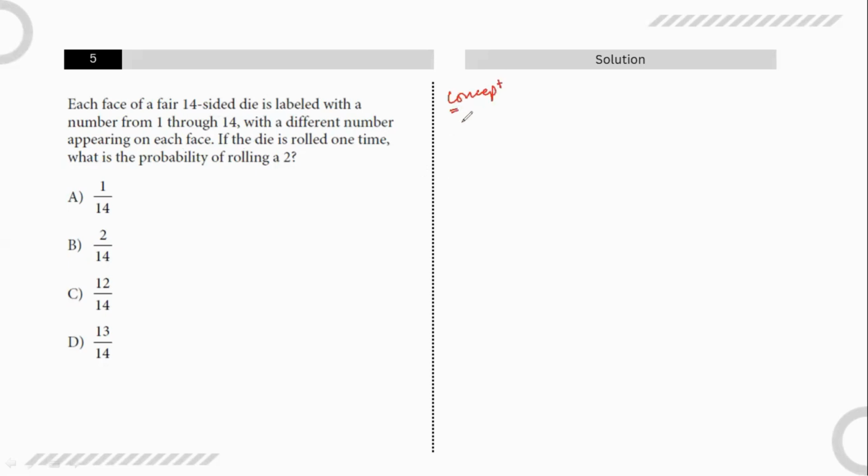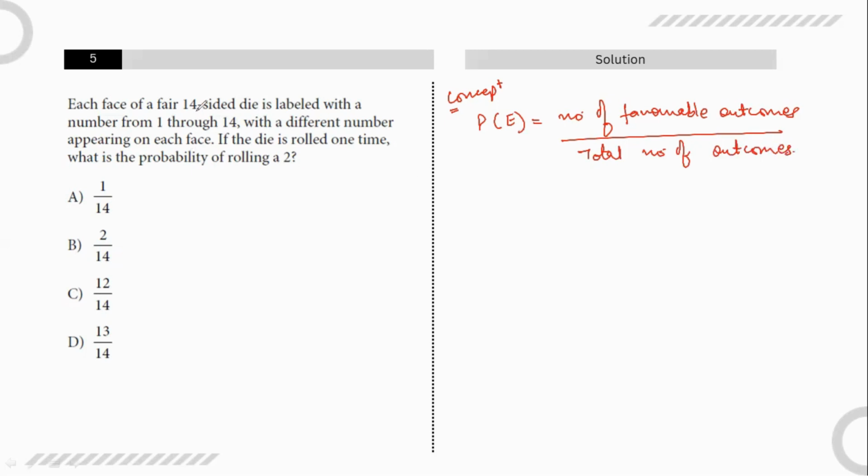Just to review or refresh, probability of an event is nothing else but number of favorable outcomes divided by total number of outcomes, right?